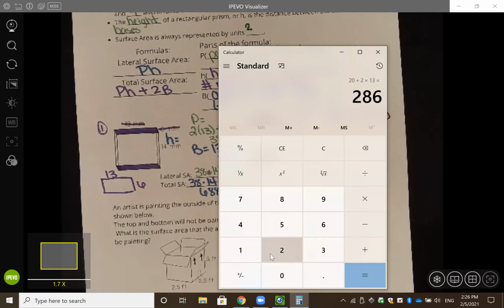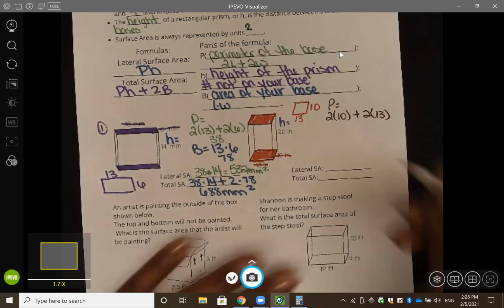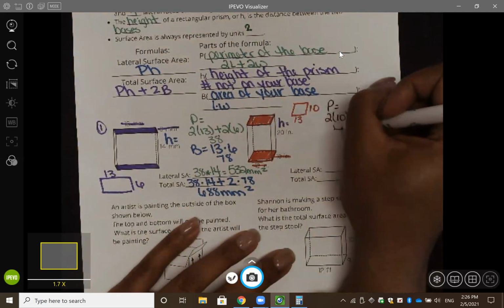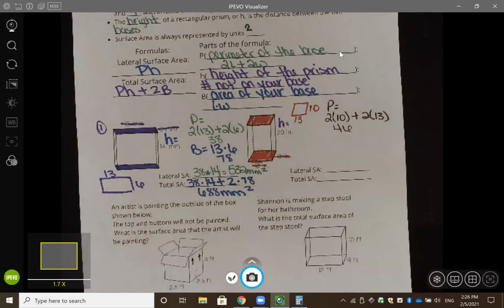Sorry, nope. 2 times 10 is 20. And then I'm going to do 2 times 13, which is 26. And then do 26 plus the 20, and that's 46. So my perimeter is 46.